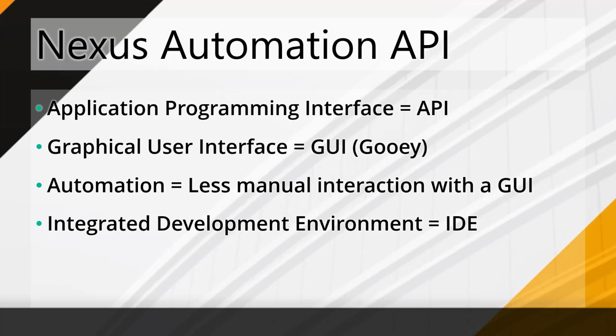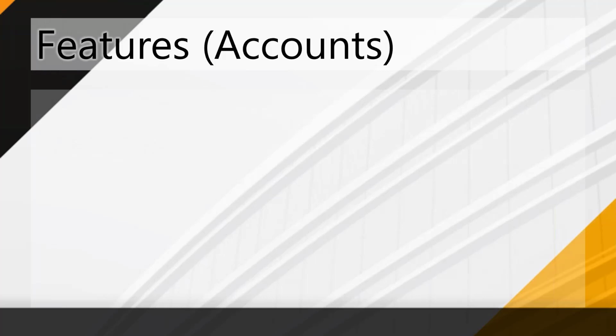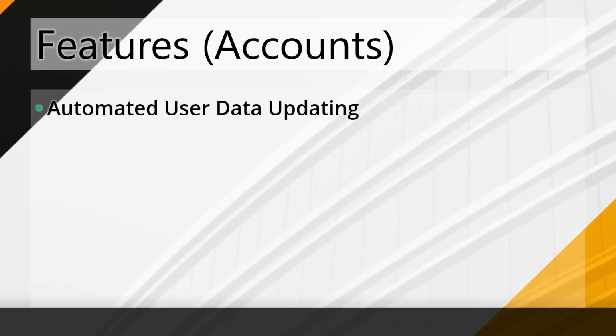Okay, let's talk a little bit about the features of the API that relates to the Nexus Automations API space. So first of all, I'm going to talk about the accounts aspect. Within accounts, normally you'd go to the portal and you'd go to users and groups, or you would go to things like licensing and manipulate some information there. A lot of that accounts stuff is able to be manipulated with this Nexus Automation API within the accounts endpoint.